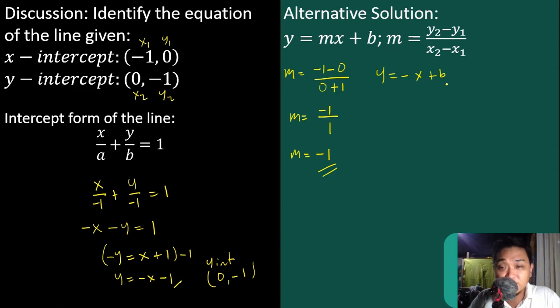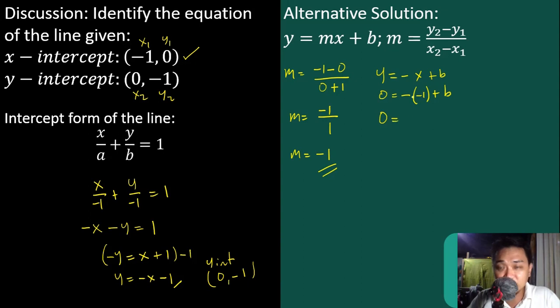For what reason? To get the value of b. So let's say we make use of this as our x and y values. So the value of y is 0, and the value of x is negative 1. Negative 1 plus b.